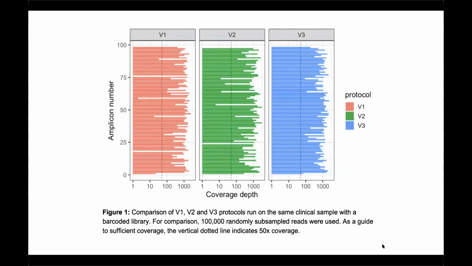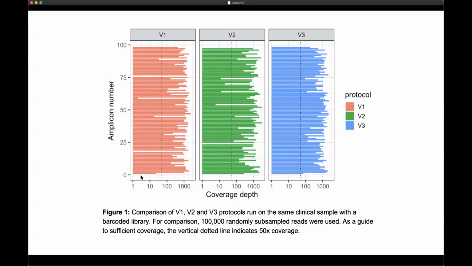So here's a screenshot from a white paper from the Arctic Protocol website, which basically does a different take on the same type of data that I showed you in the previous slide, where the axes are swapped here, and there's no genome, so you have individual amplicons.